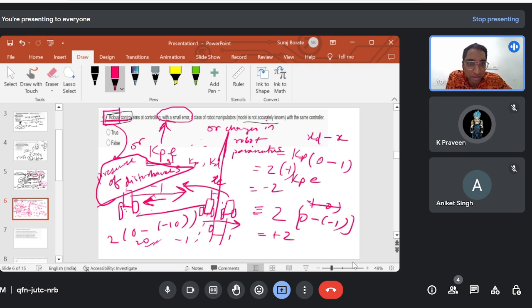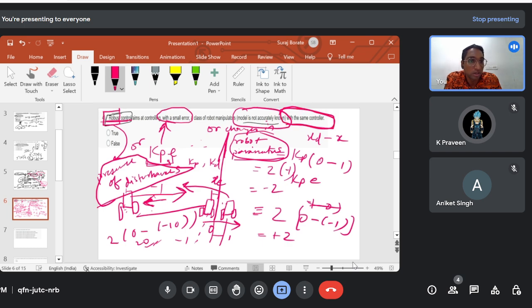So here we are saying that the model is not accurately known. For example, we don't know the robot parameters or the equation itself, still it should work, or in the presence of disturbance with the same controller. It is not that we are changing the controller always. It is not that if the situation changes, then we change the control.